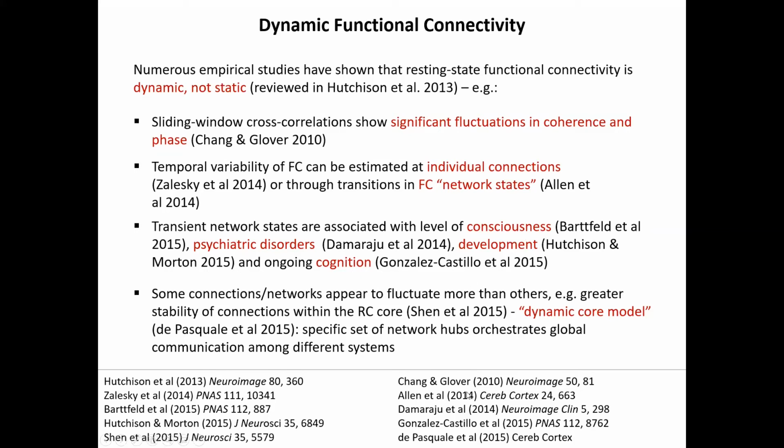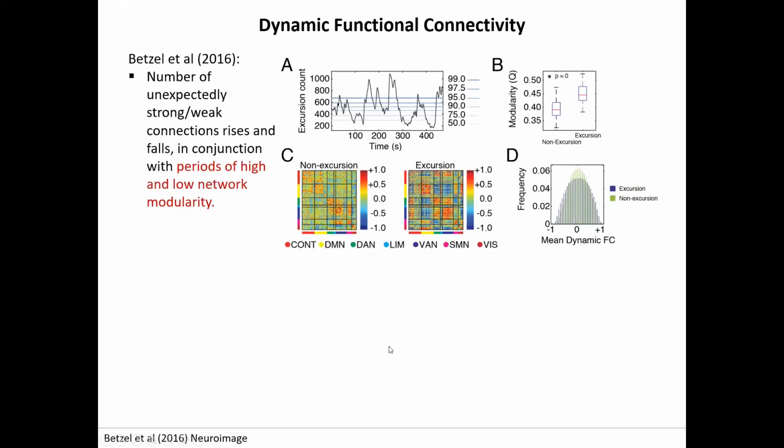A huge literature that has ballooned over the last several years. I stopped adding references here a few years ago because it became an impossible task to keep up with it. Suffice it to say, abundant evidence that dynamic functional connectivity does occur, and we can measure it and analyze it with a number of different tools.